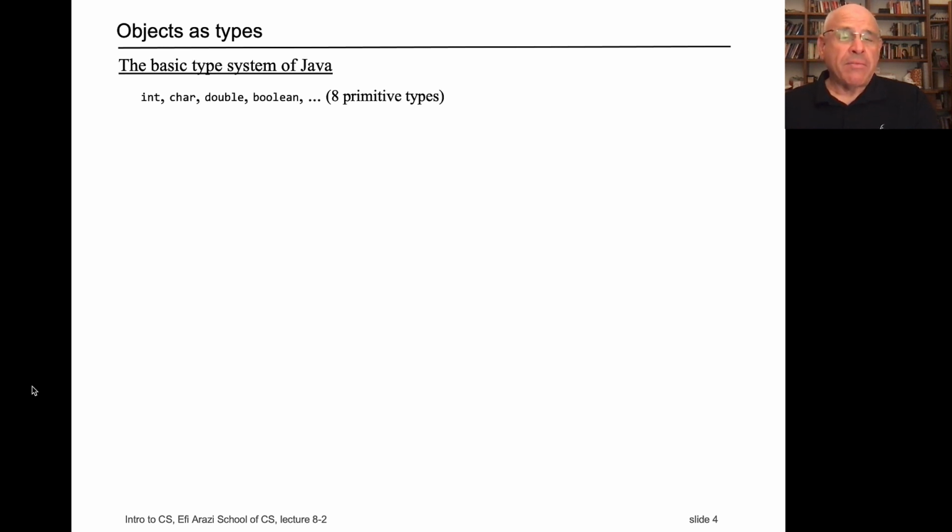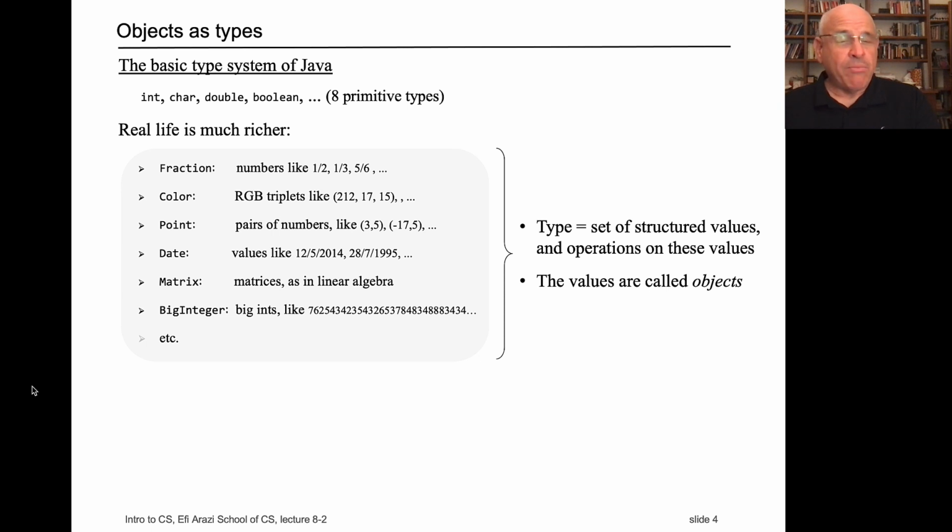In Java, like in any other language, there is a fixed set of data types like int, char, double, boolean, and so on. But the world around us is much richer and consists of an endless supply, so to speak, or an endless potential for defining and processing objects. Some of these objects can be concrete.